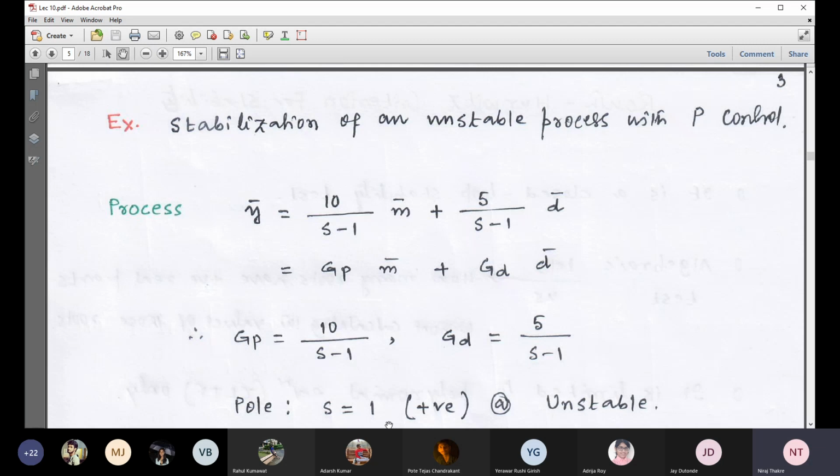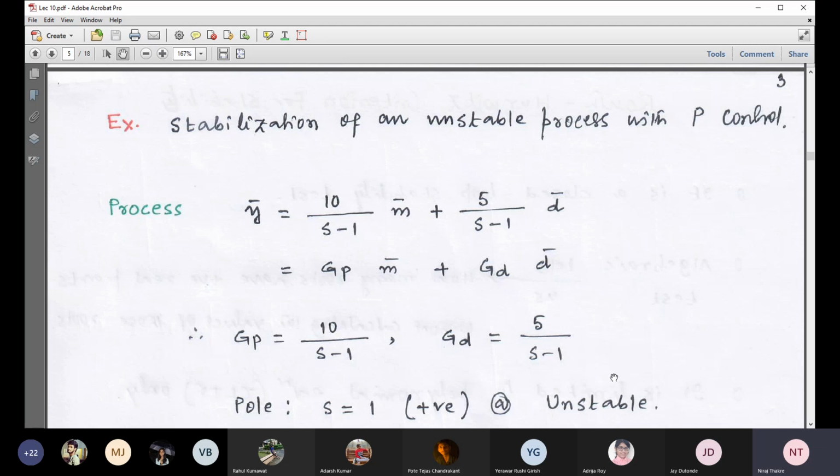So you are understanding here the pole is 1, positive, which means the system is unstable, as I told. Since the pole is S equal to 1, it is positive, so the open loop process is unstable.